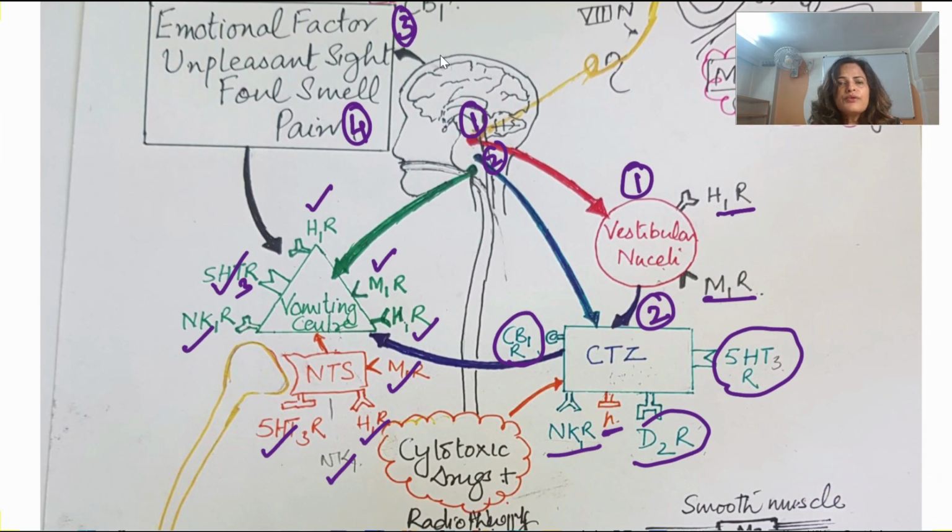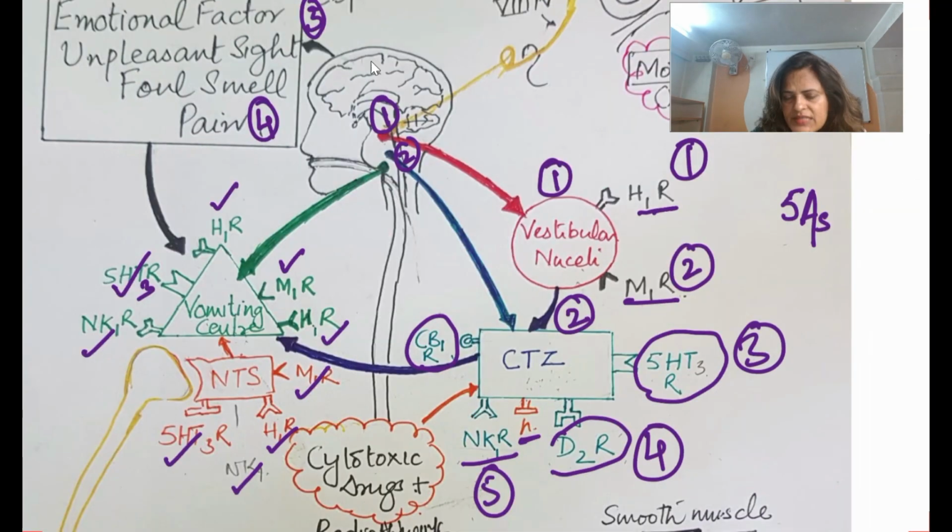So if you want to remember the antiemetic drugs, just remember 5 E's. These are five antagonists: H1 receptor antagonist, M1 receptor antagonist, 5-HT3 receptor antagonist, D2 receptor antagonist, and neurokinin receptor antagonist. Right?